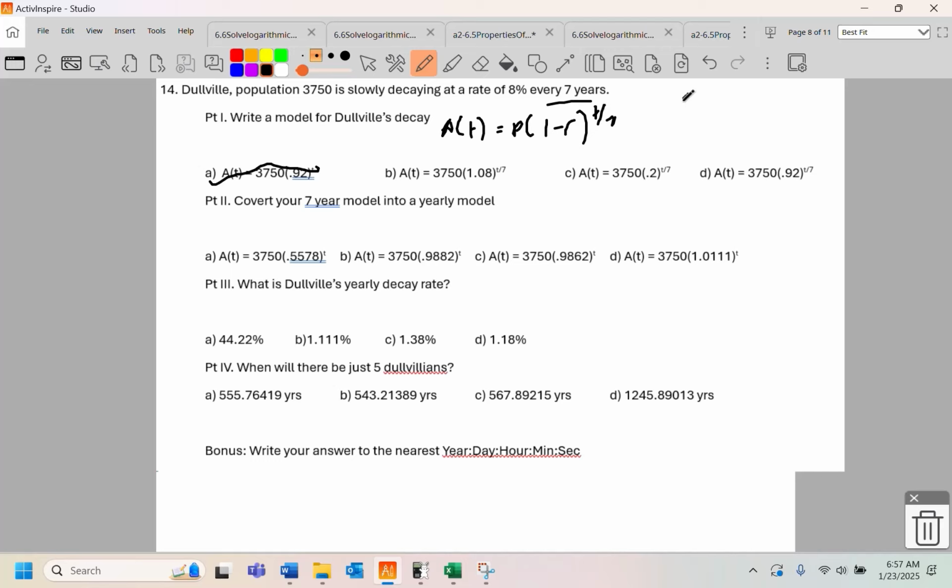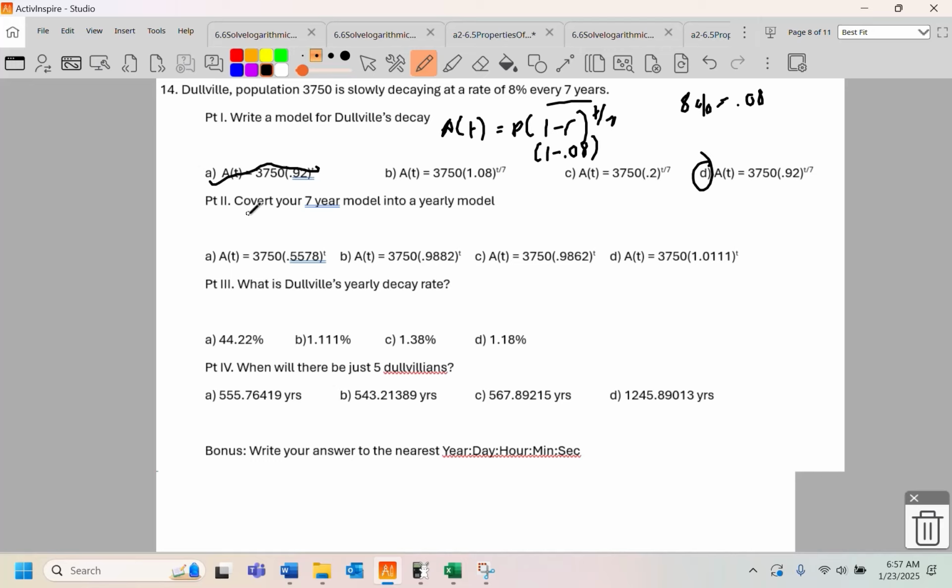So 8% equals 0.08. So 1 minus 0.08, I'm looking for a 0.92. You know, if you don't know what 1 minus 0.08 is, that's kind of the problem now, isn't it? Kind of is.